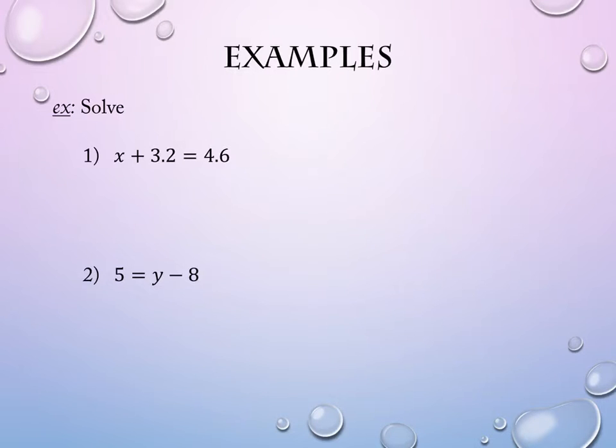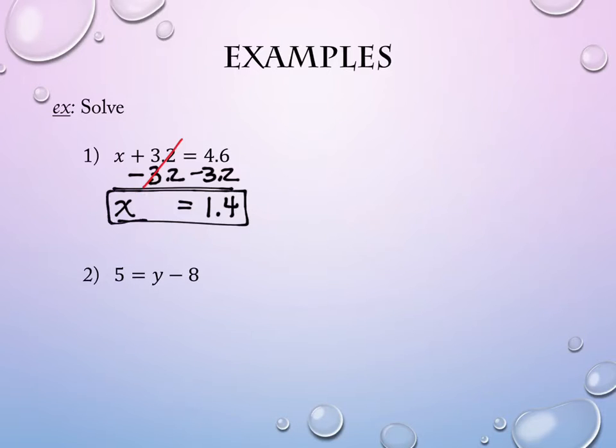So the way we undo the addition of 3.2 is that we subtract 3.2. That allows us on the left-hand side to add these two together to be 0, because they are inverses. I have the x on the left, and then 4.6 minus 3.2 is 1.4. And we're done.